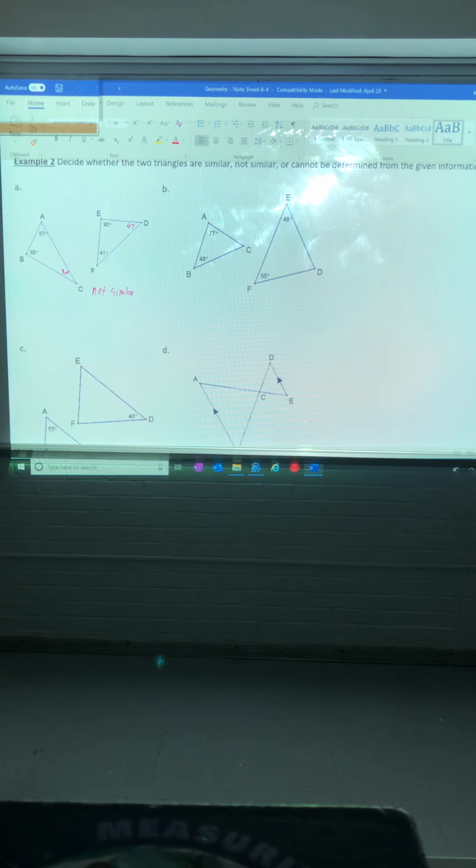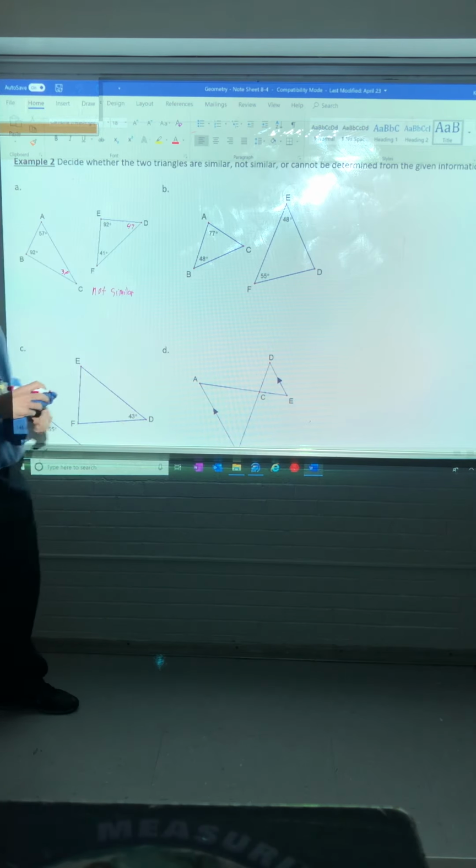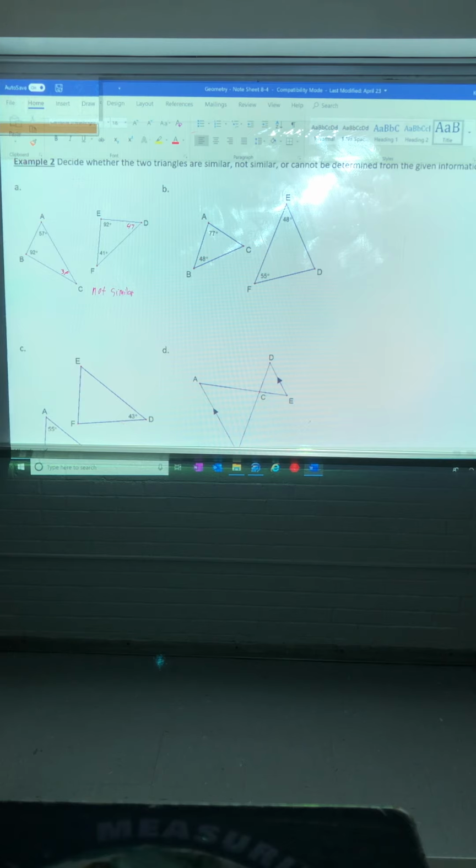And we're going to look at our next one right here. You have 77 and 48, and we add those together, and they give you 125.